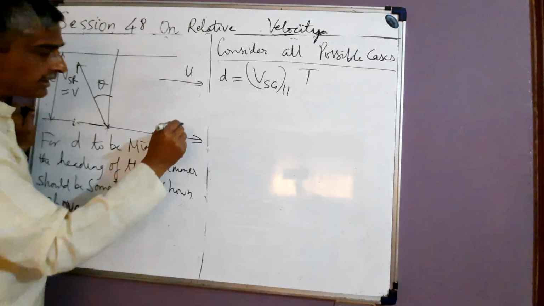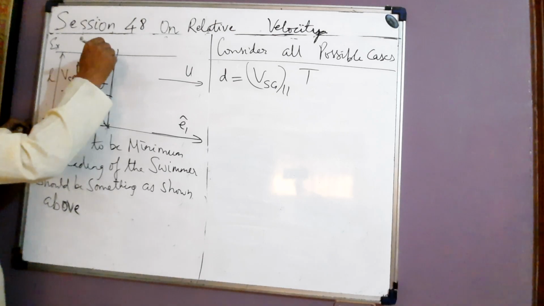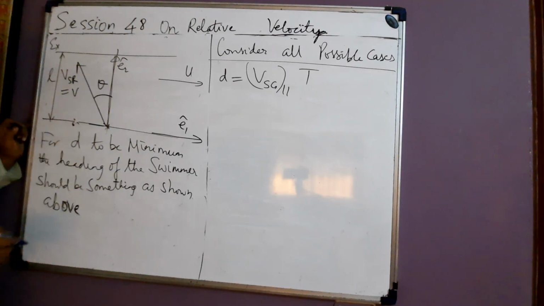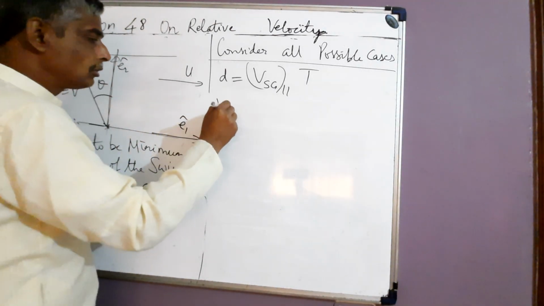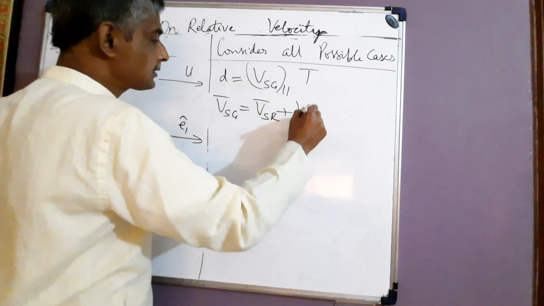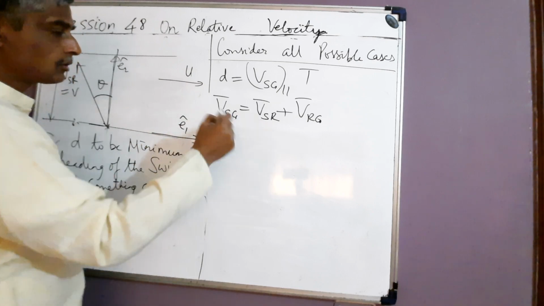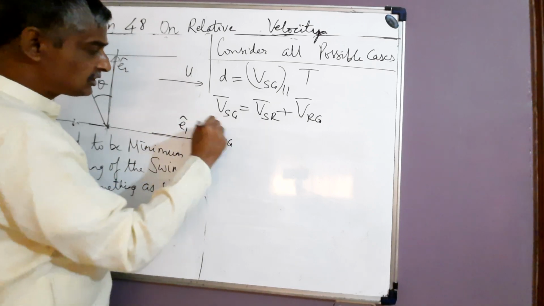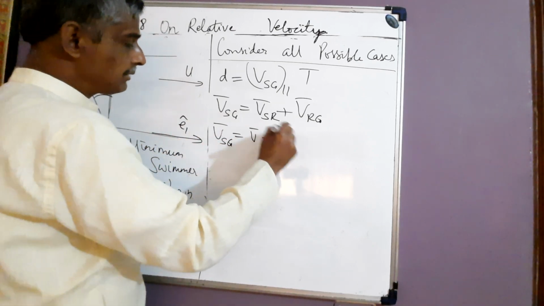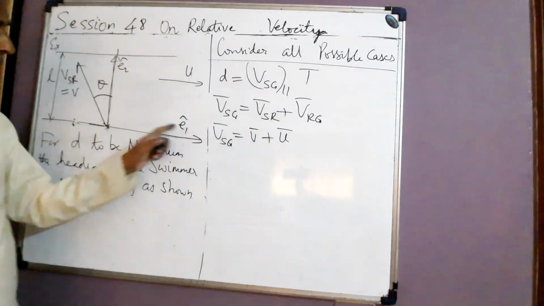Suppose river flow is in this direction. We take the unit vector in this direction to be E1 hat and the unit vector normal to the river flow direction to be E2 hat. We write VSG is equal to VSR plus VRG, so VSG is equal to vector V plus vector U. Now I take the dot product of this equation with E1.